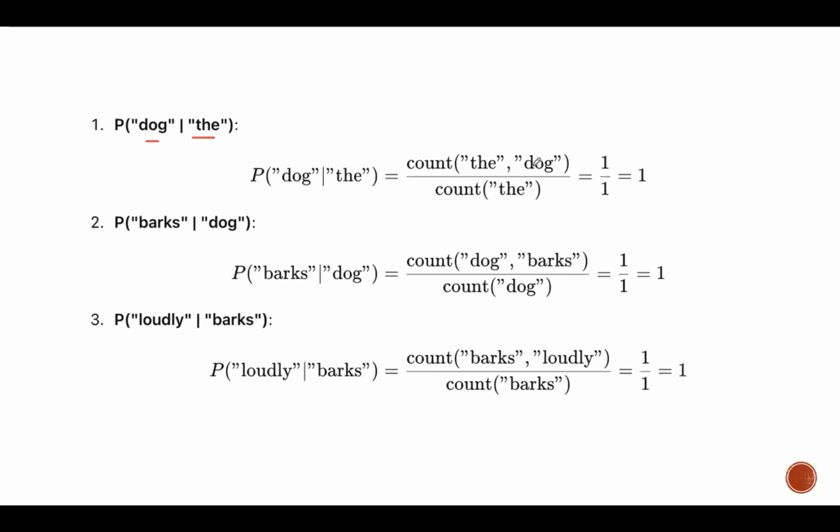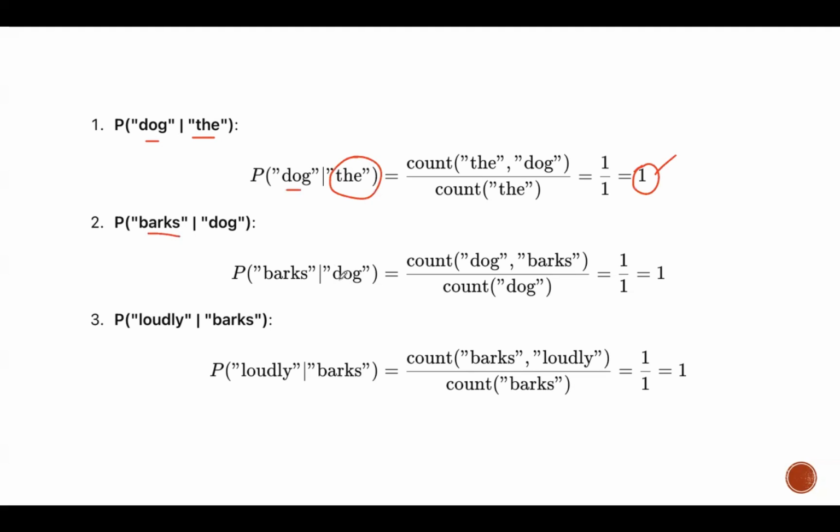So if you find the conditional probability, we are getting 1, which indicates that given the determiner, the probability of the next word being dog is 1.0. That means 100%. Then coming to the next pair, that is dog barks.